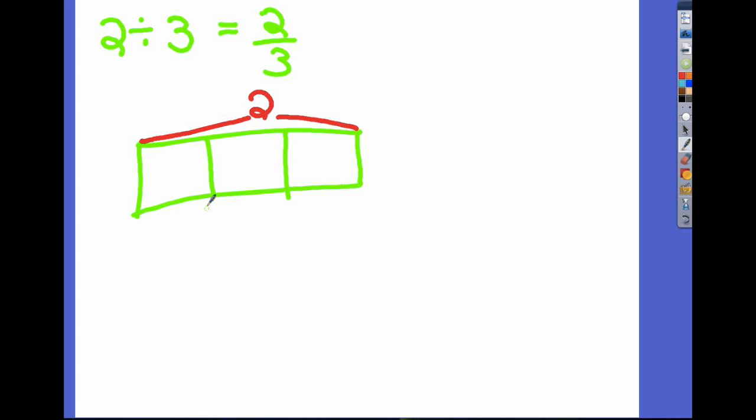So the question then is, what is 1 unit worth? To find out what each unit is worth, you're going to take the 2 and divide it by 3.